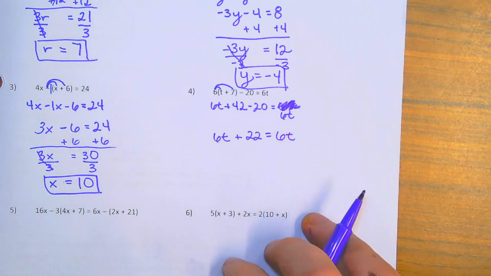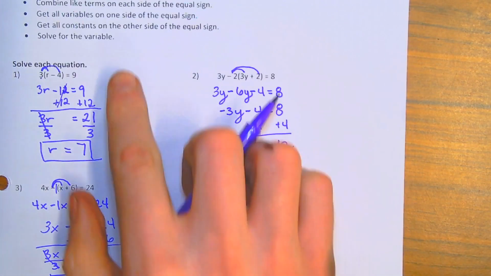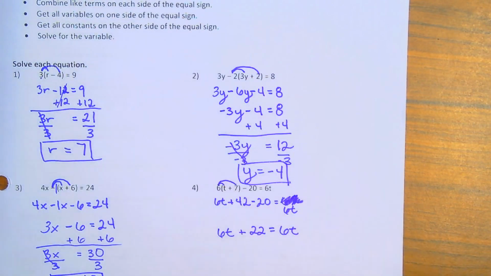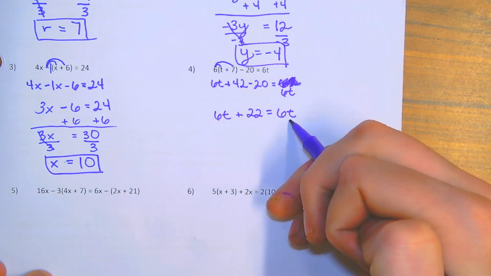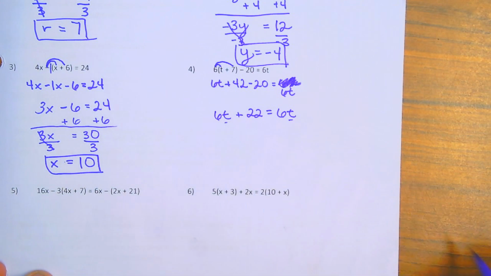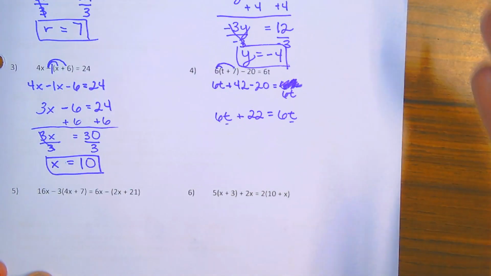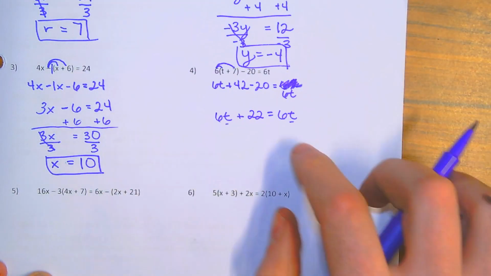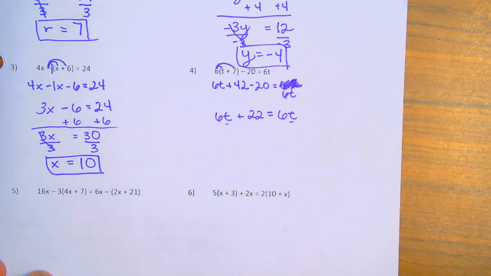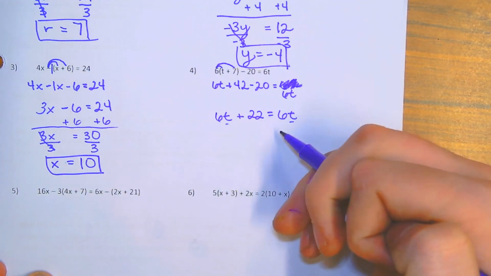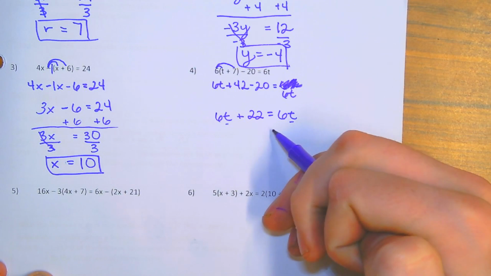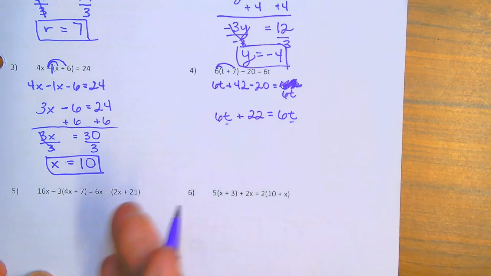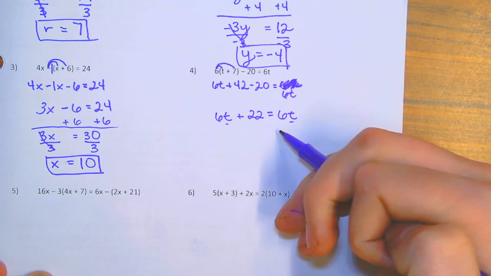Okay? Our next step, it says, is to get all variables on one side of the equal sign. Now a variable is those t's right there. In order to get them on the same side, you want to subtract them as a whole together. So my very next step is probably to get the 6t over. I like to move them to the left. It keeps everything in line for me.